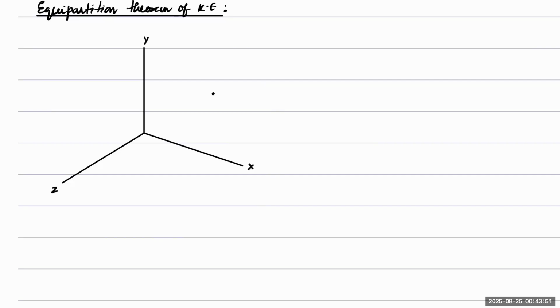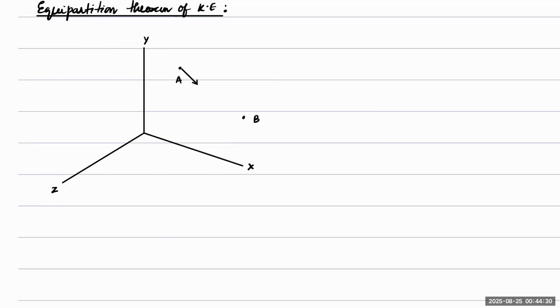If the particle is moving from one location to the other, let's say from position A to point B, we say this particle is translating from one position to the other. So it has a kinetic energy which is helping in changing its coordinates.